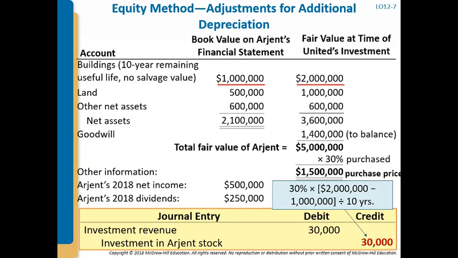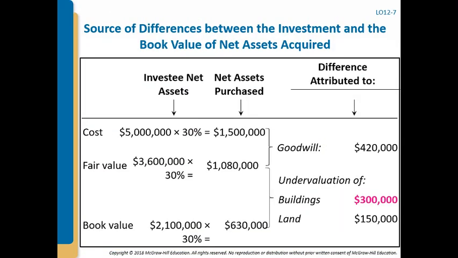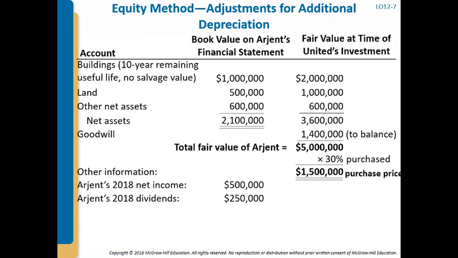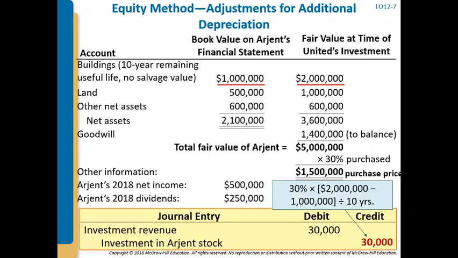And so what we're going to do is every year over the next 10 years is we're going to debit investment revenue for $30,000.